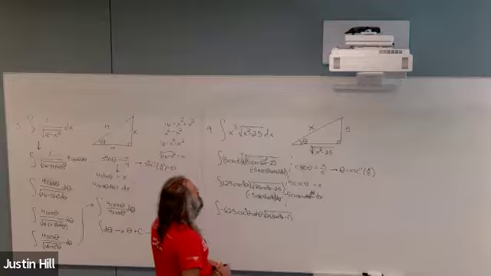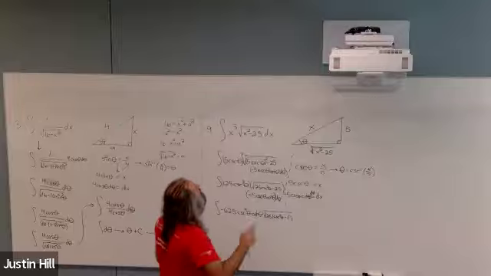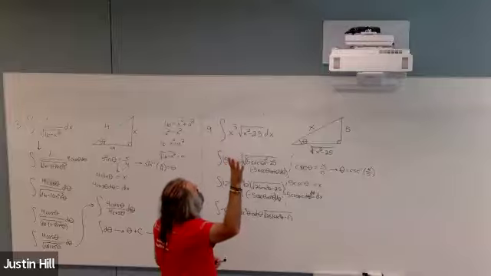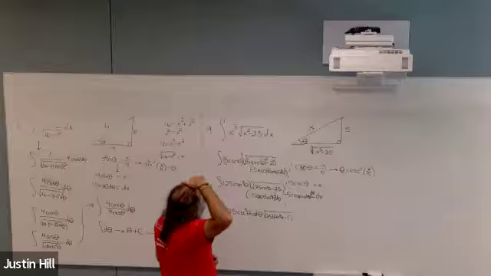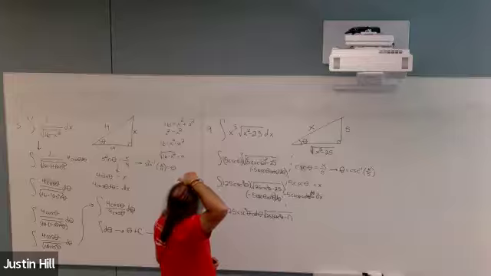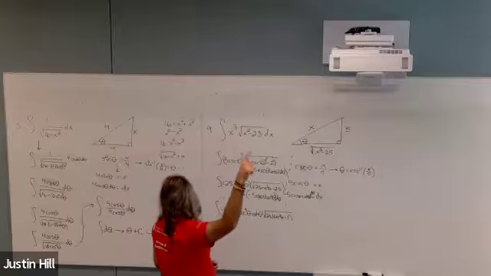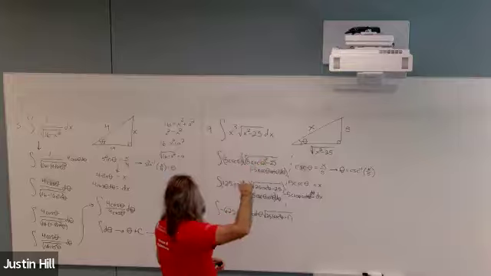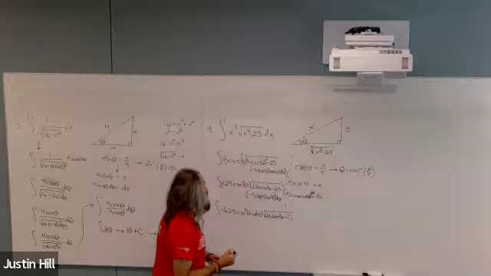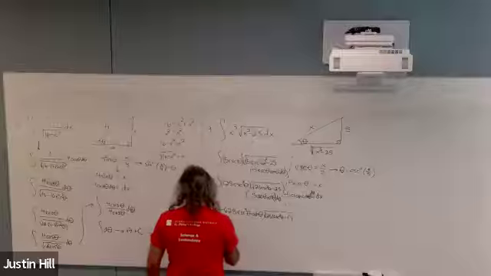Let me make sure I got that right. Dividing sine squared plus cosine squared by sine squared, the Pythagorean identity says 1 plus cotangent squared equals cosecant squared. So cosecant squared minus 1 is cotangent squared. So I'm going to replace that.